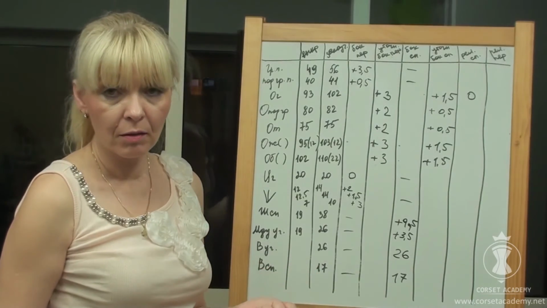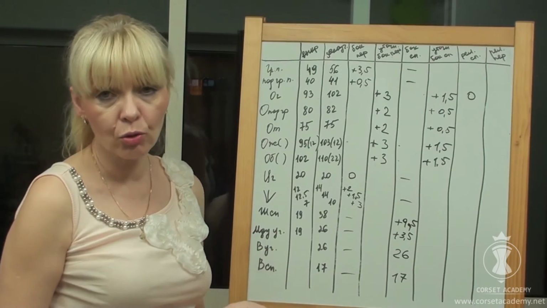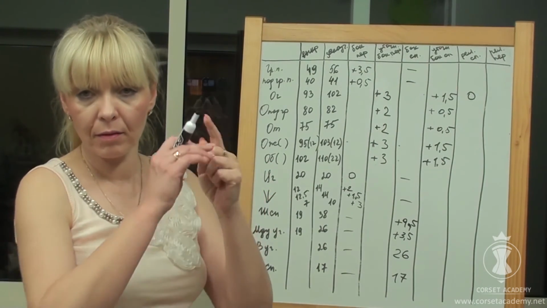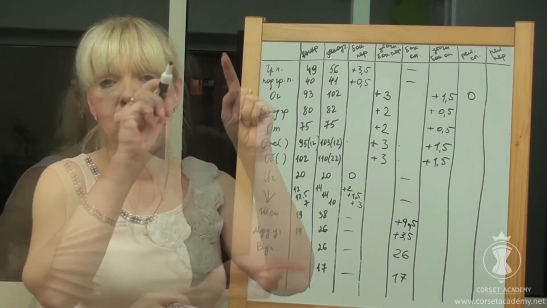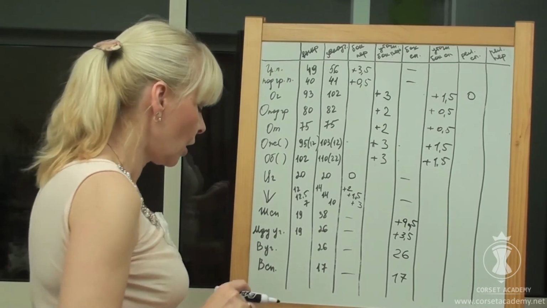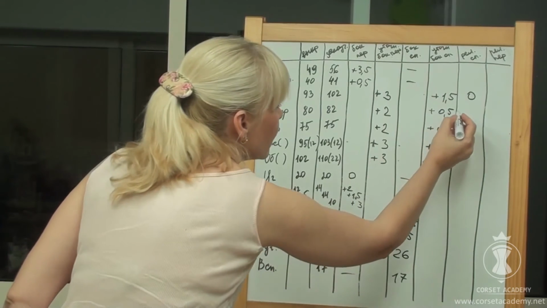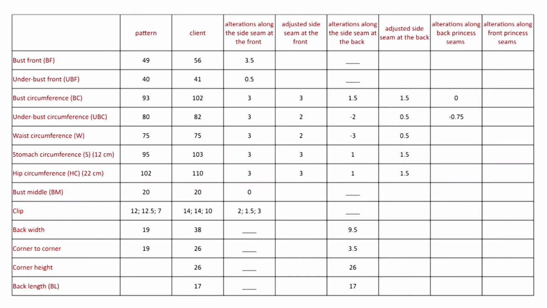There are 3 extra centimeters. I can distribute this 3 centimeters between the 4 raw edges of the princess seams at the back. In other words, I need to shift each edge of each princess seam 0.75 centimeters inwards. I write -0.75 centimeters in the table.